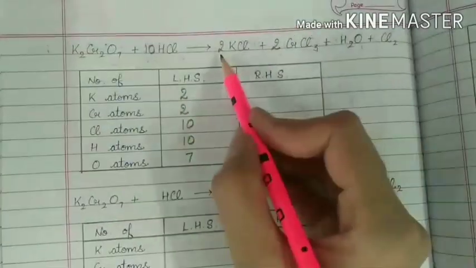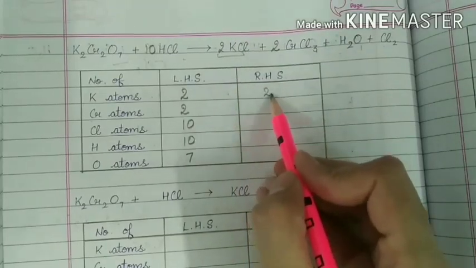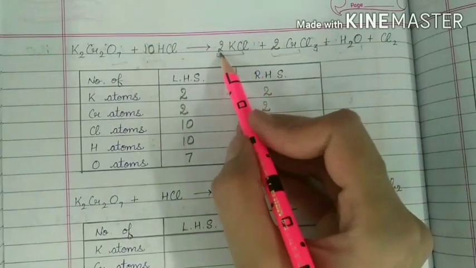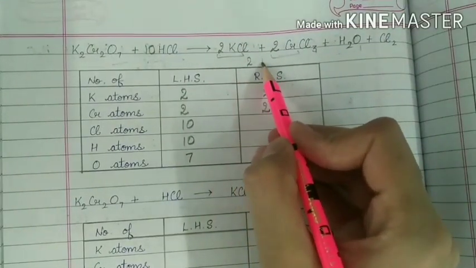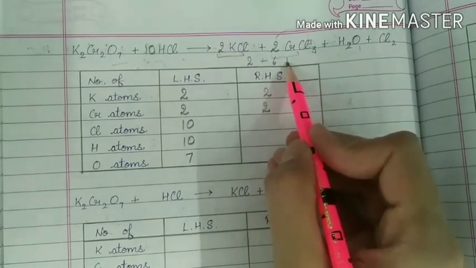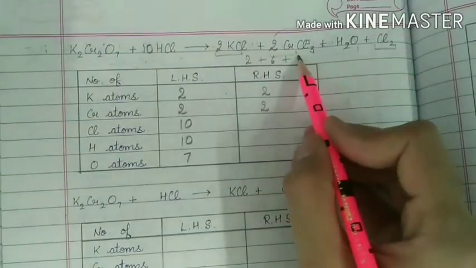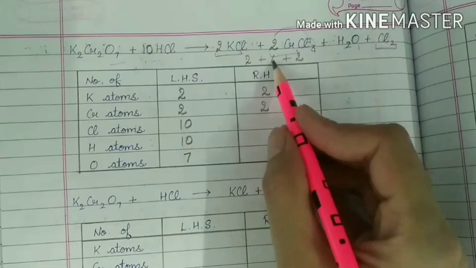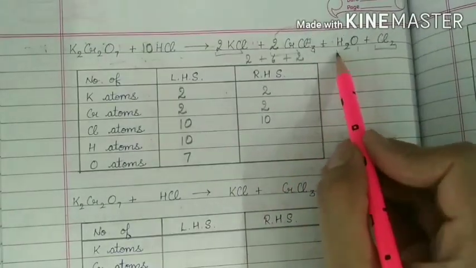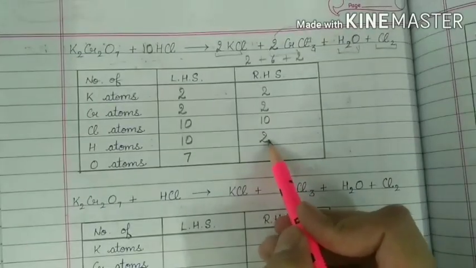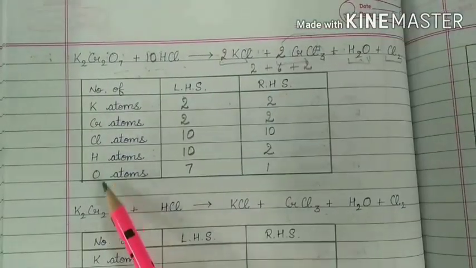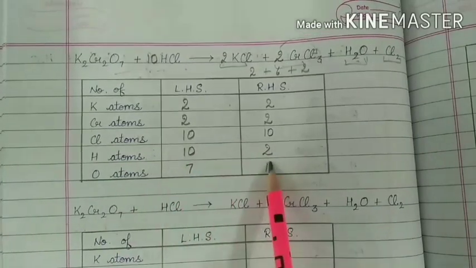And on right hand side we have 2 potassium atoms, 2 chromium atoms and chlorine atoms, 2 in KCl plus 2 here, 2 3s are 6 plus 2 in Cl2. These are total 10 chlorine atoms. And hydrogen atoms we have 2 and oxygen atoms 1. Now here hydrogen and oxygen atoms are left for balancing.